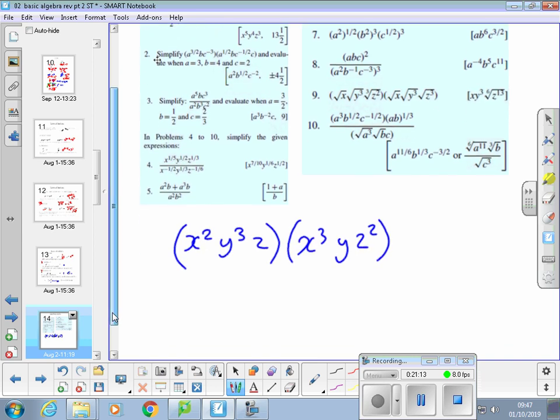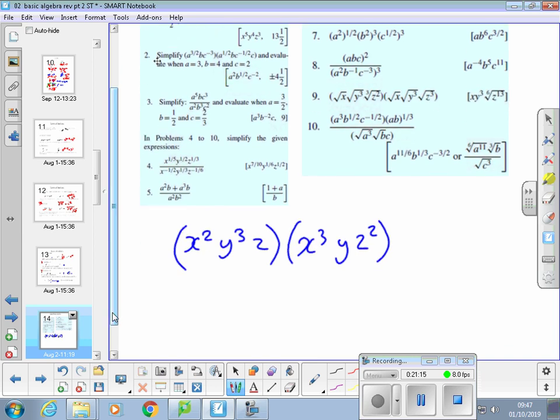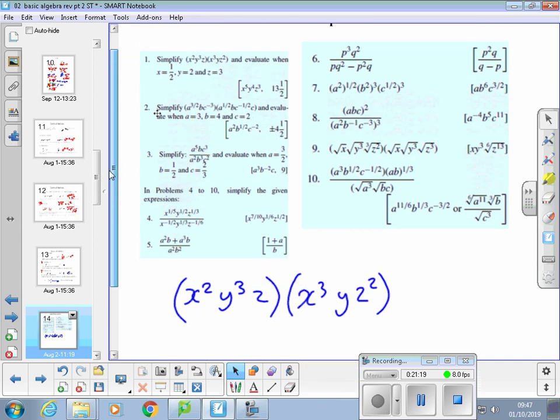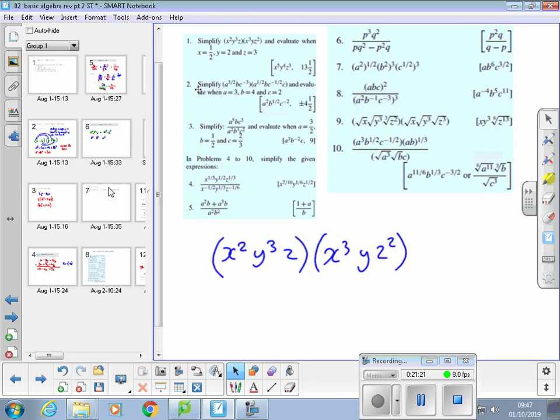Not missed anything out, not put any indices wrong. And we've been given some values to evaluate when x is equal to a half, y is equal to 2, and z is equal to 3.